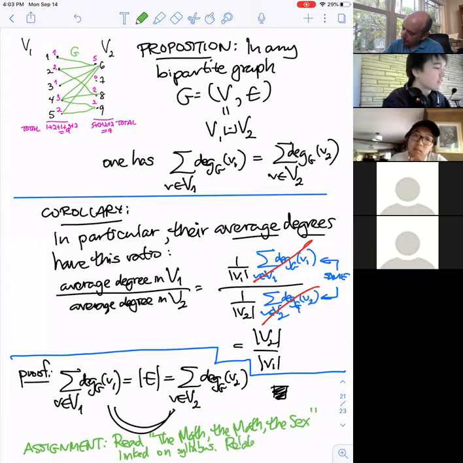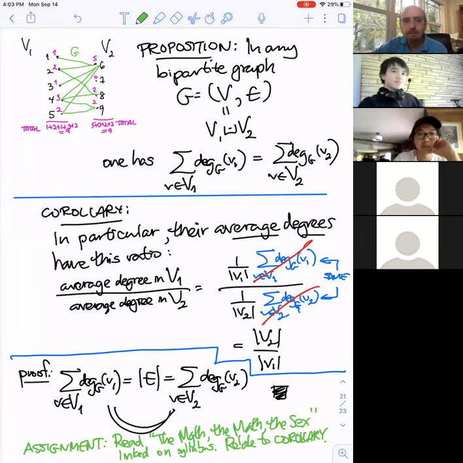Relate it to the corollary. Figure out what that has to do with this. How do you want us to relate it? Like a PDF? You've got to read the article first, Matthew. No. Okay. It'll make more sense.